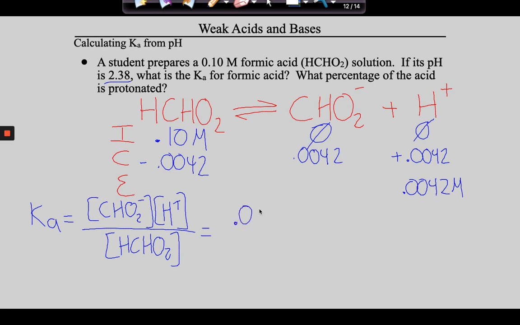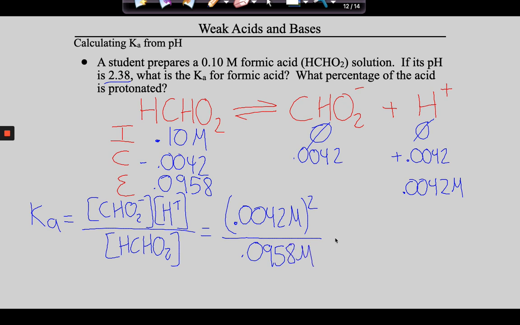So we can then flesh this out. This is 0.0042 molar squared. Is that okay? And then our denominator is 0.1 minus 0.0042, which is 0.0958 molar.